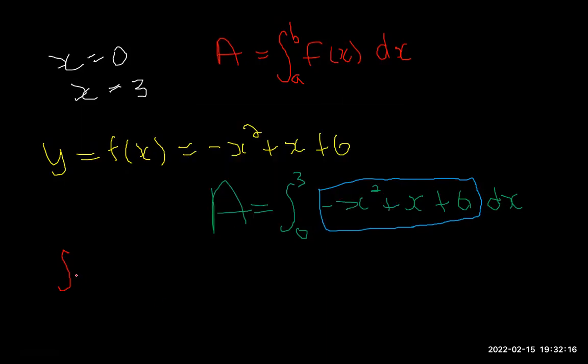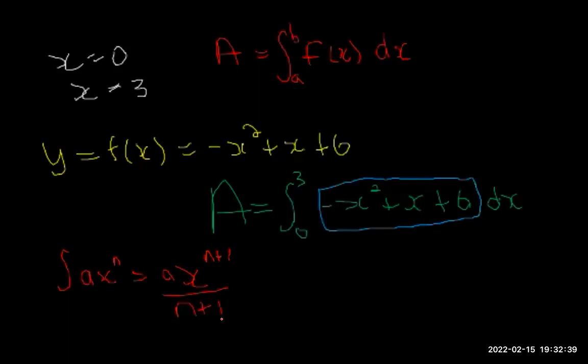It's called the integrand, just in case you didn't know. If I'm asked to integrate an expression, I always follow my rules. The integral of an expression in the form ax to the n is equal to ax to the n plus 1, all over n plus 1.